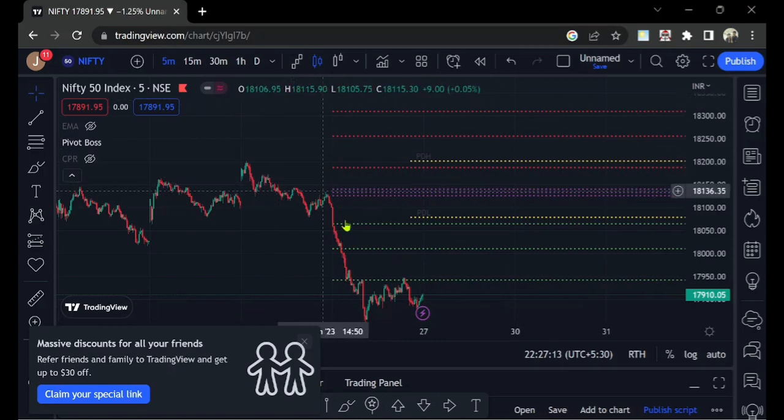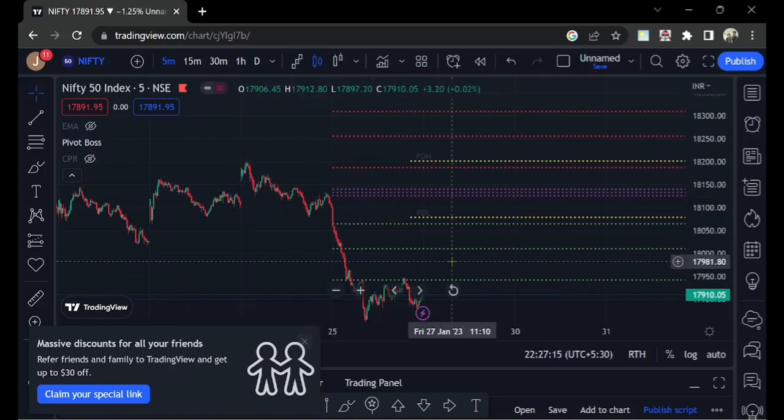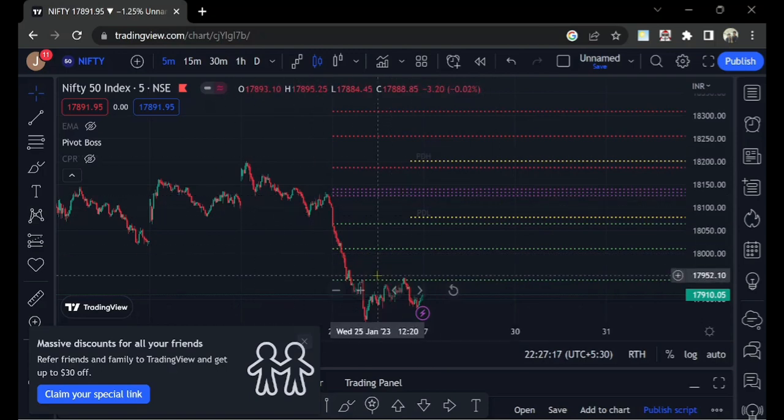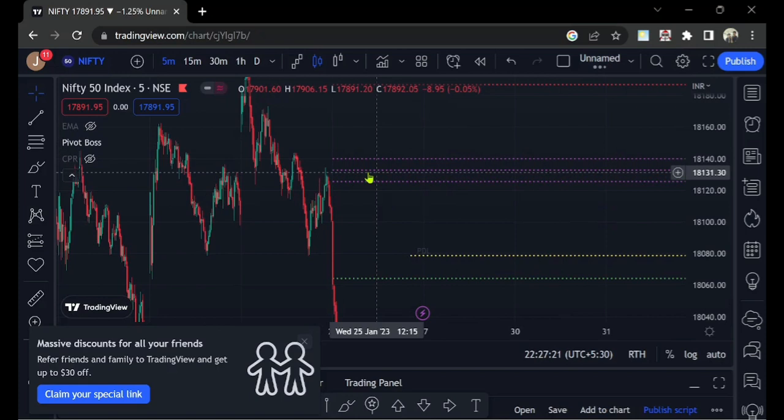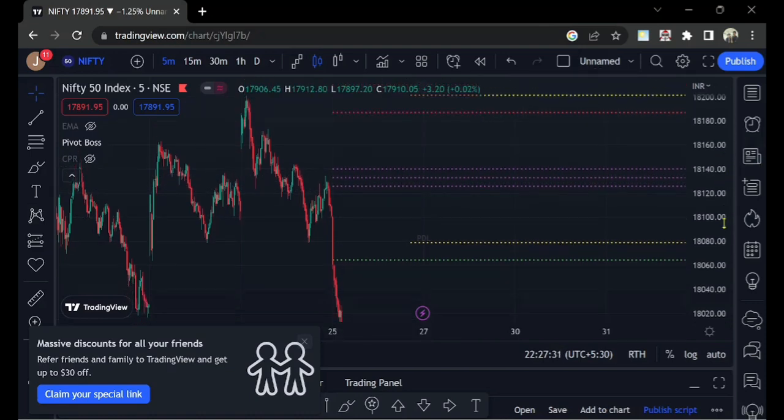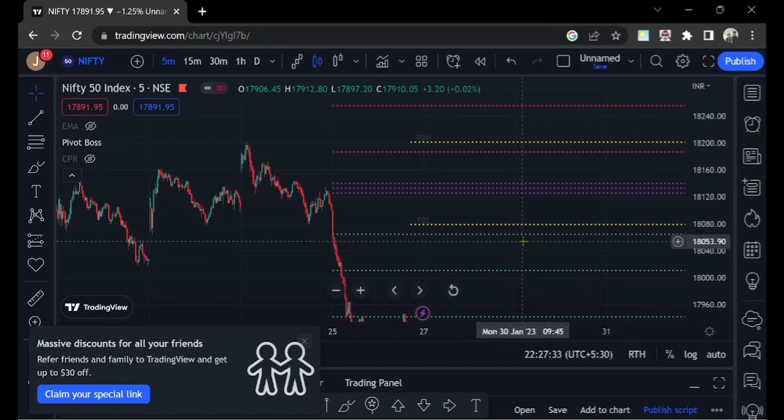The high, low, and closing price divided by 3 is the central pivot range, the center line. For calculating this, the top CPR and the bottom CPR, there are formulas. You can go to Google and search in detail if you are interested in learning the formulas.